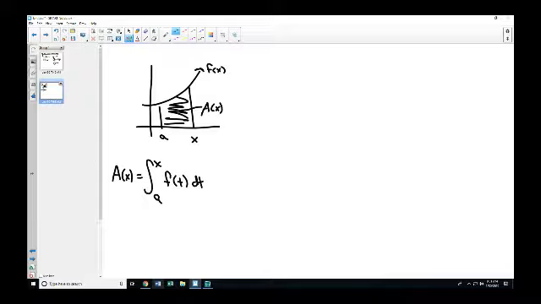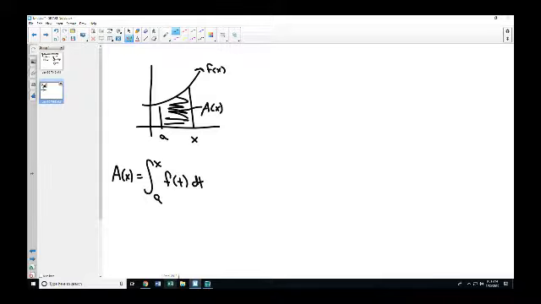The reason behind it is so that when we actually do that math, we end up with an x in the formula. So this is our area formula in calculus terms.